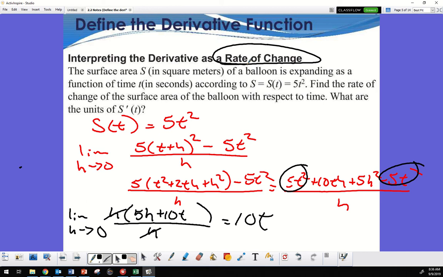It is going to be a rate of change. Of what? Surface area. That's very good, right? It's changing a surface area, and my units are going to be what? Square meters. Square meters for every second. There we go.